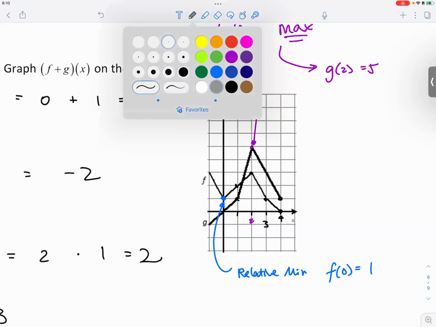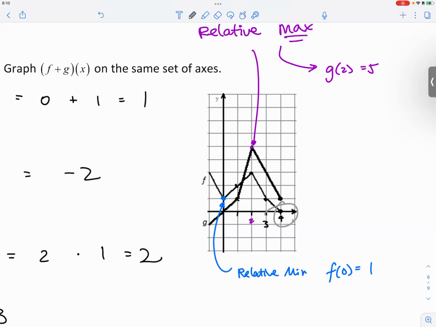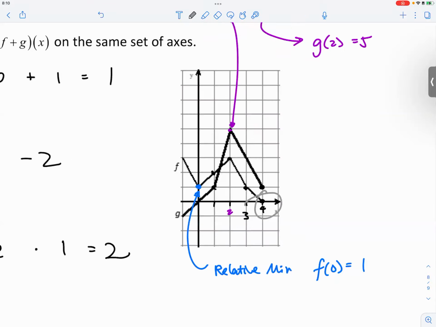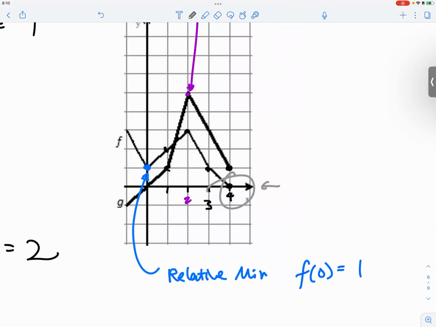Okay, that's a relative minimum. Now, I think that's a very good point. What is this then? For f, what is this? It looks like a very low point, right? What do we call this? It is some sort of minimum, but we don't call it relative. We call it absolute. We use the word absolute minimum or maximum to indicate the highest point or the lowest point on the entire graph.